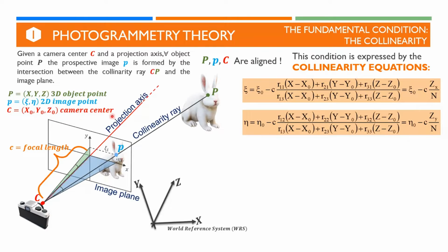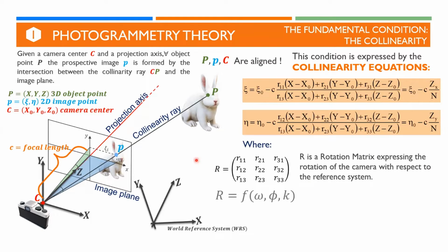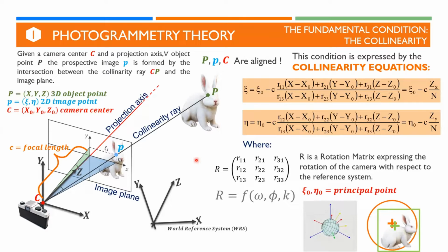The camera center, and then our rotation elements. As you can see here, we have this R. It is a rotation matrix, and it is expressing the rotation of our camera. As you can see in this small image, of course, our camera can rotate in space.